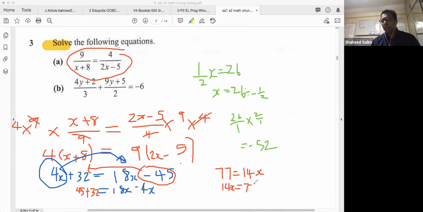So now you can see both of them can divide by 7. 77 divided by 7, you get 11. 14 divided by 7, you get 2x. So now you divide one more time. X equals to 11 over 2 equals to 5.5.